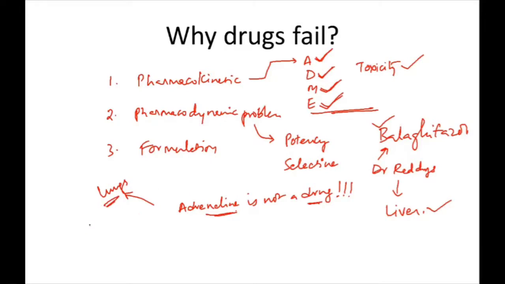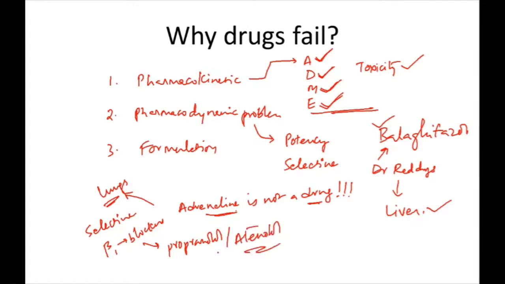So we look for selective beta-1 receptor blockers like propranolol or atenolol. If it is not selective, it cannot be considered a drug. It is like that. Either it is less potent or not selective. So these two can be problems.